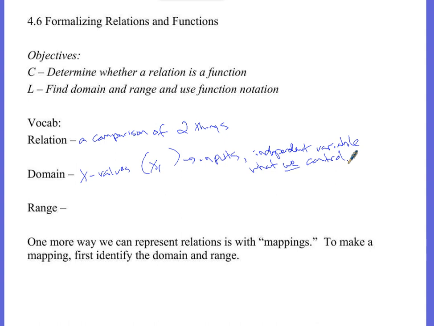So the range then is what? The y values. In the ordered pair, it's the second coordinate. It's not inputs, it's outputs. It's not the independent variable, it's the dependent variable.